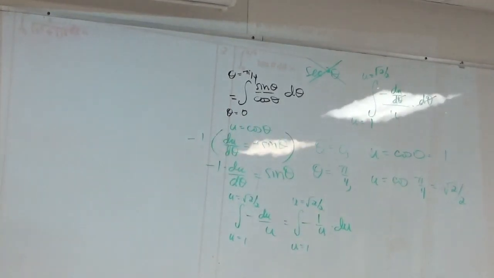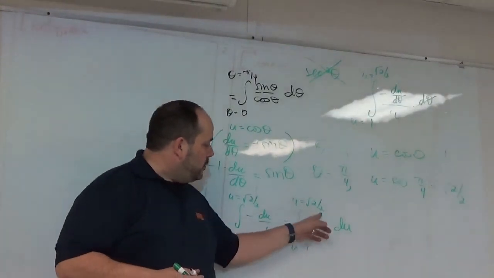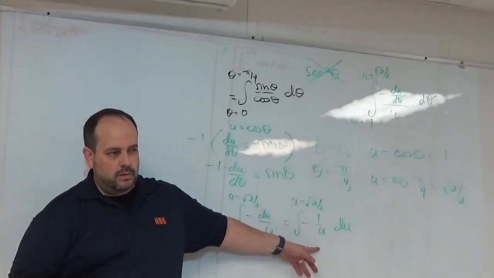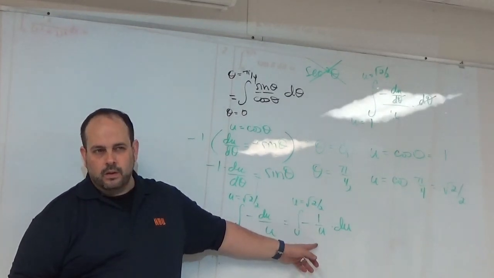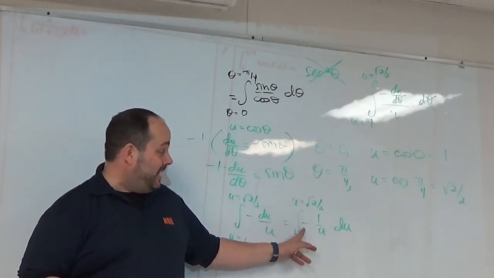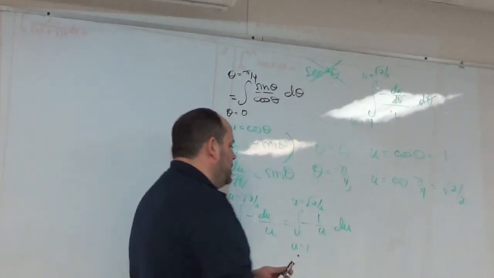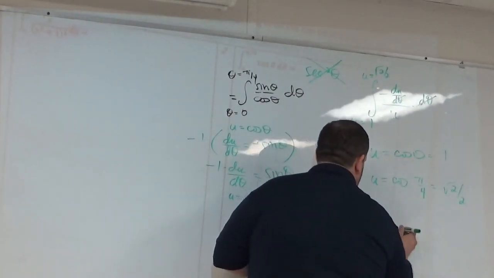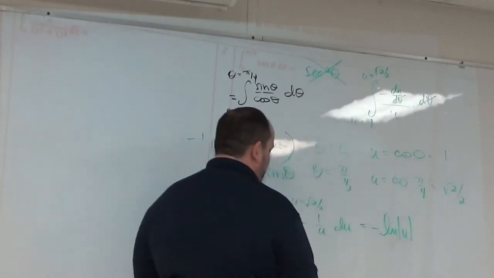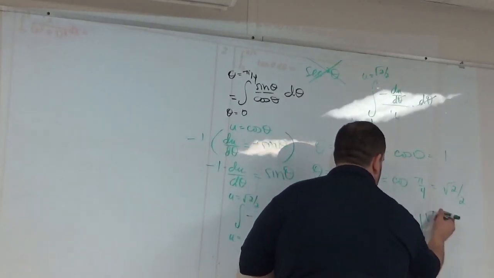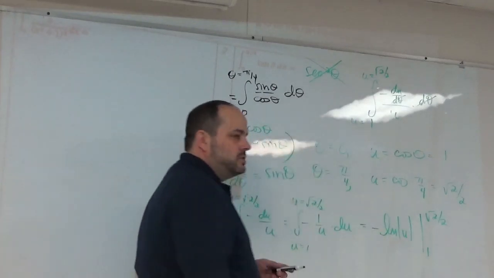That du is usually the last thing. What do we know of that has negative 1 over u as the derivative? It's the negative of natural log of the absolute value of u. So this is going to be negative natural log absolute value of u from 1 to the square root of 2 over 2.